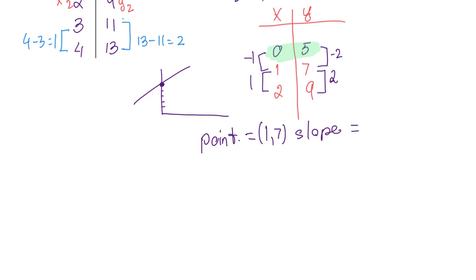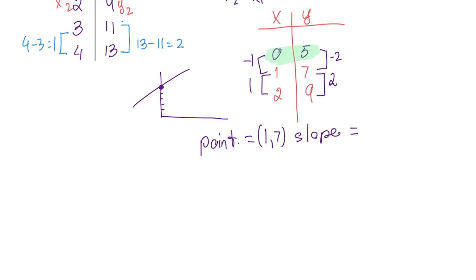And we notice that the slope is 2. Okay, that's all we need. And now what we're going to do is plug in our x, y, and the slope, because those are the things that we know. We know our x, we know our y, and we know our m. So let's go ahead and plug those in the equation.